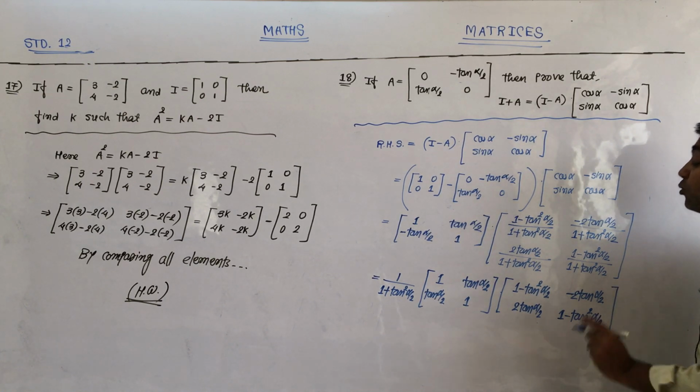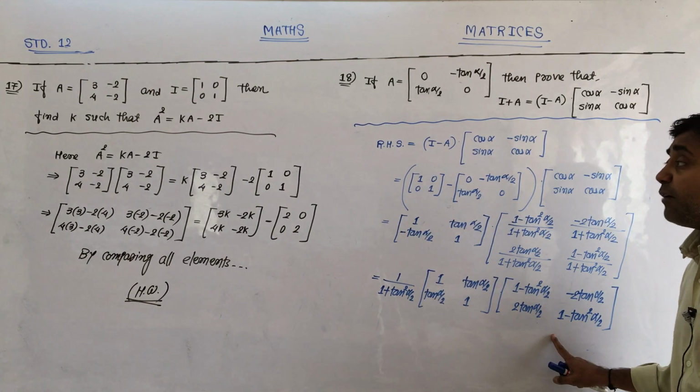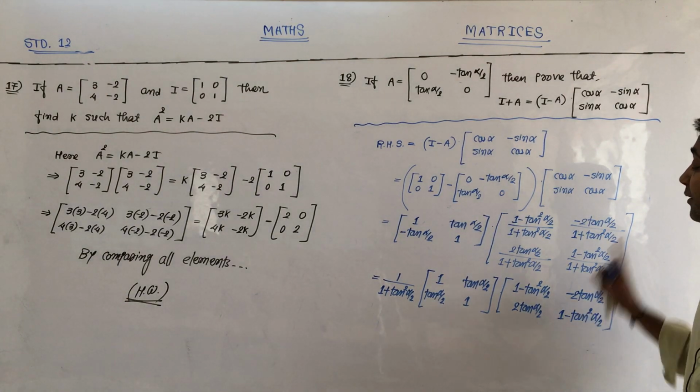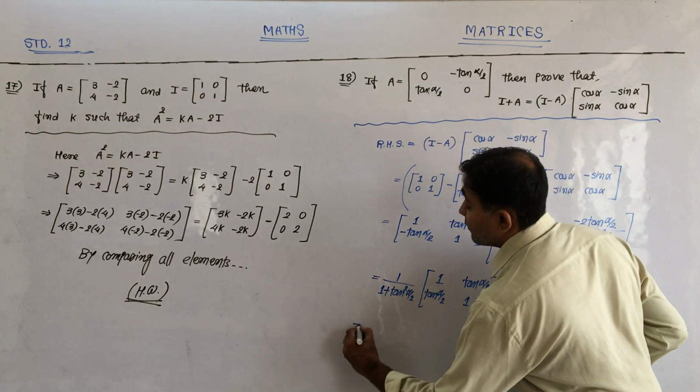It means now we have to multiply these two matrices very well, and then we will get this kind of answer. Let us see what happened.